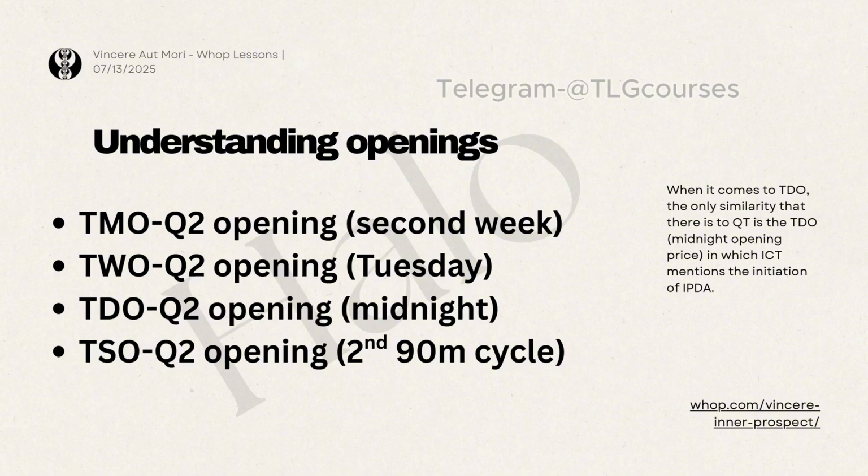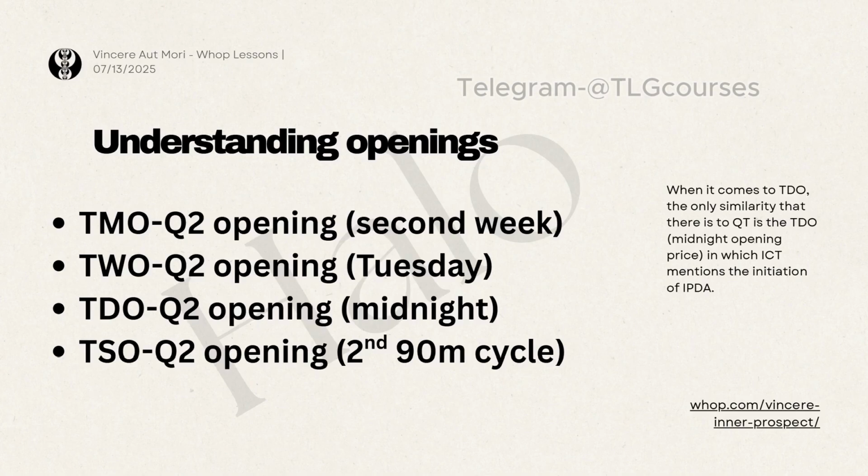So in terms of AMDX, right, the first cycle, its purpose is to accumulate. The first quarter's purpose is to accumulate, right? The second quarter's purpose is to manipulate, right? Now, manipulation and distribution are pretty much the same thing. What do I mean by that?